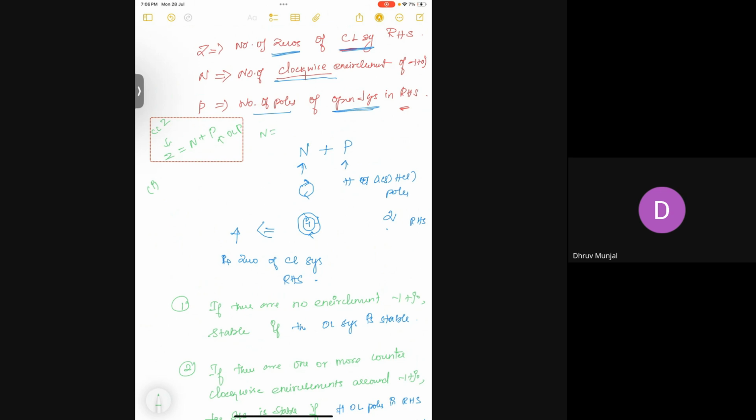Mathematically, yes, N is equal to Z minus P. I think it was P minus Z, sir said. Okay, I will see whether it is a mistake or something.